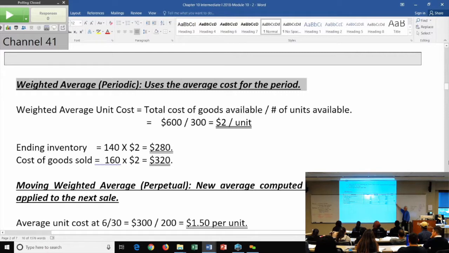So periodic is flawed because it's using units and prices in the calculation that did not exist at the point of sale. Especially with LIFO. In the LIFO periodic, as we're going to see, you would include this as part of your cost of goods sold, but that cost and those units didn't even exist on the day you made the sale. So periodic is incorrect because it's using data, pricing, and units that didn't exist at the point of sale.